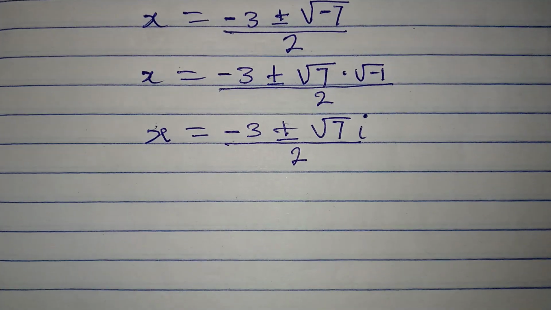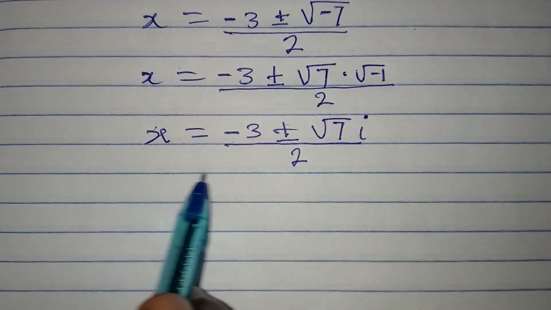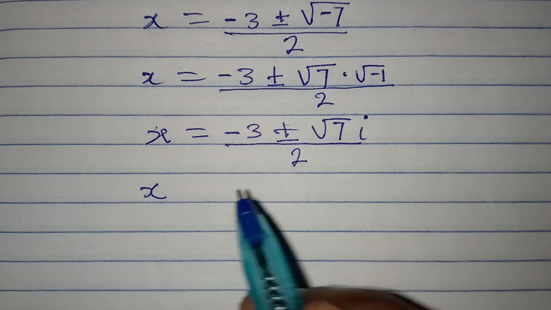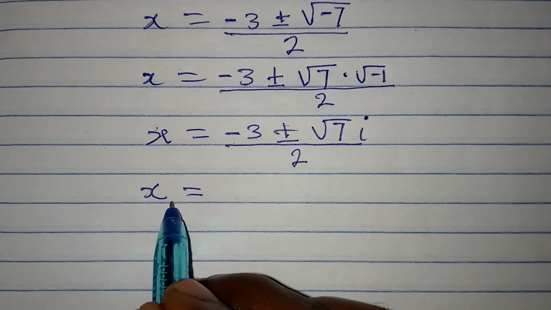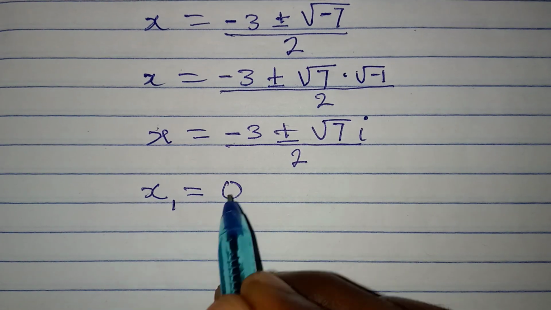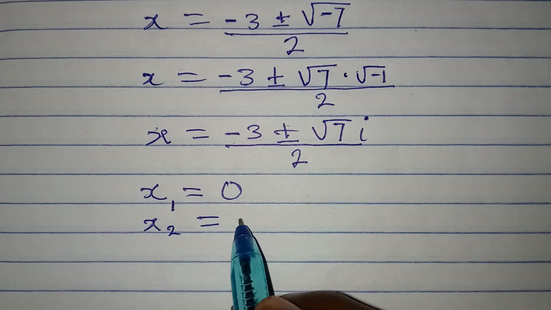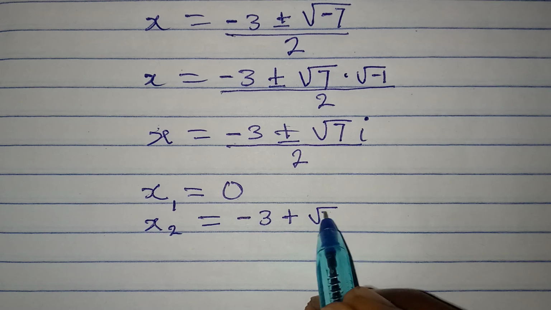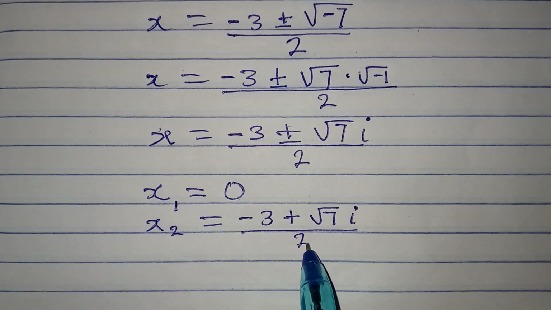So what does this mean? It means that we're having 2 complex values for x in this problem. Let's begin from the first solution. Our x1 is 0, then x2 is what we're having here, but it's going to be minus 3 plus square root of 7i all over 2.